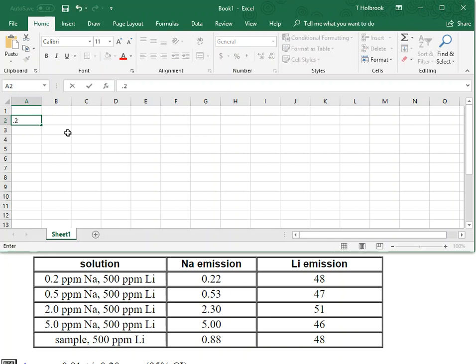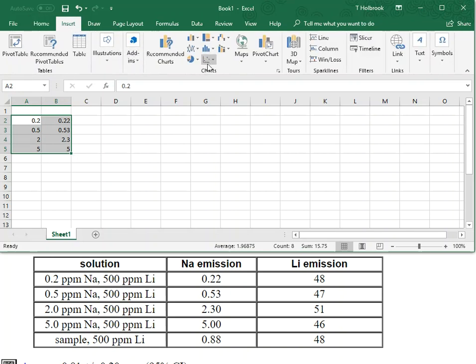And I have a 0.2 and a 0.5 and a 2 and a 5. And then I have a signal associated with each one of those. So a 0.2 part per million sodium gave me a 0.22 absorbance, 0.53, 2.3, and a 5. And it told me to plot them. So I'm going to do what I normally have always done.